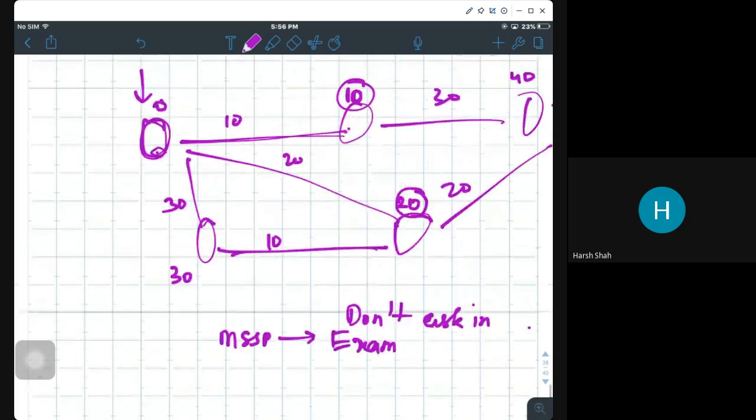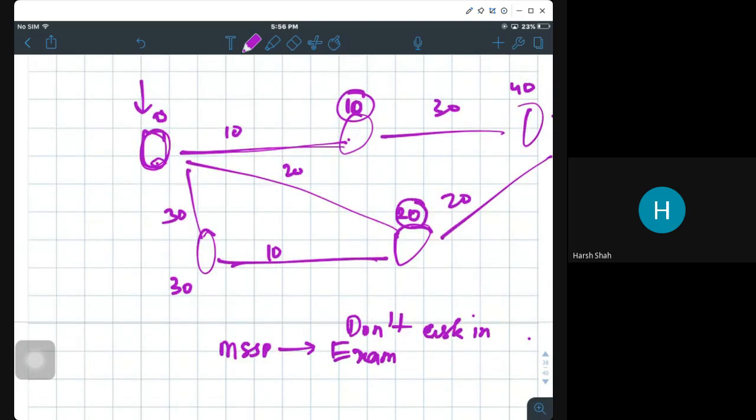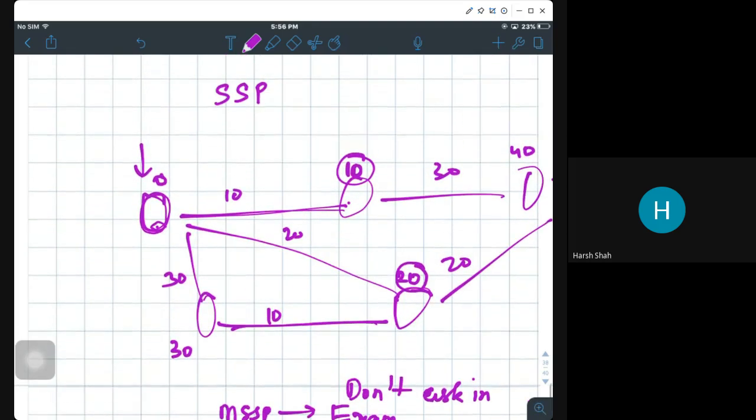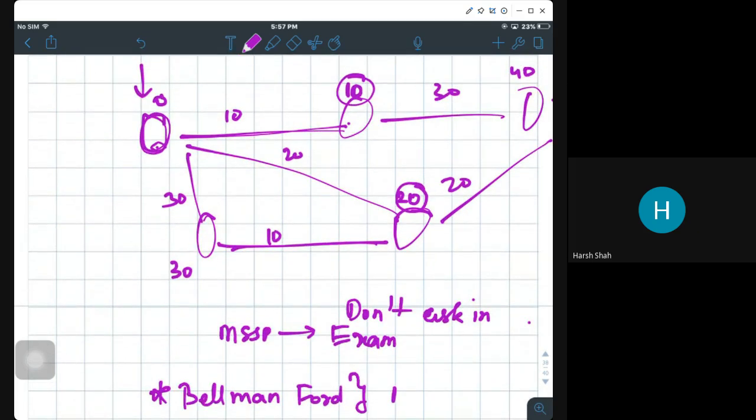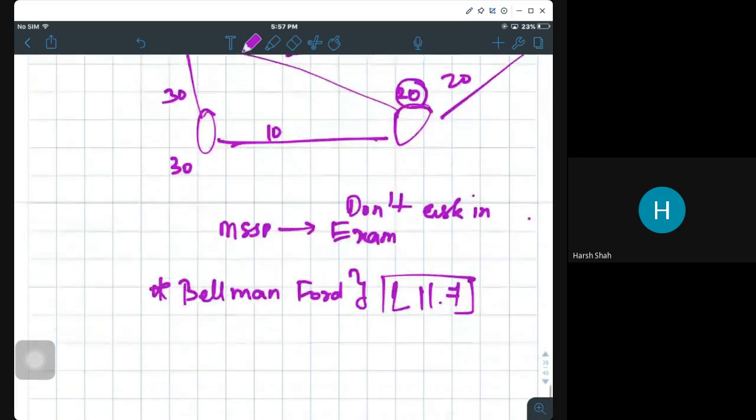But even if they ask, I suggest you go through the Bellman-Ford algorithm once from the lectures. It is, I think, 11.3 or something. No wait, 11.7. Lecture 11.7.